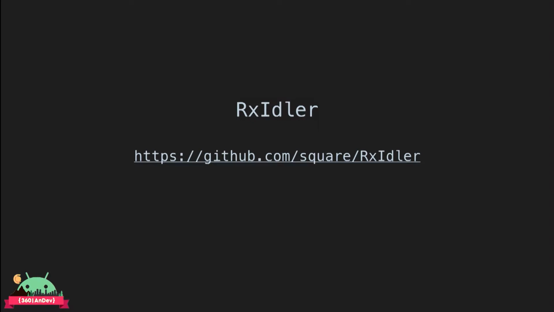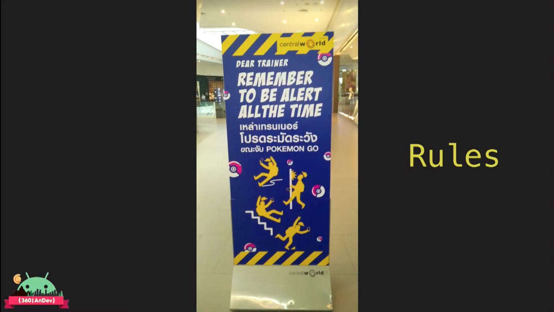And well, when you are instantiating the instrumentation, you have to inject the scheduler hook. But since two days ago, there is a new library called RxIdler from Square that does the same, but better, of course. And you don't have to do anything about wrapping the scheduler.